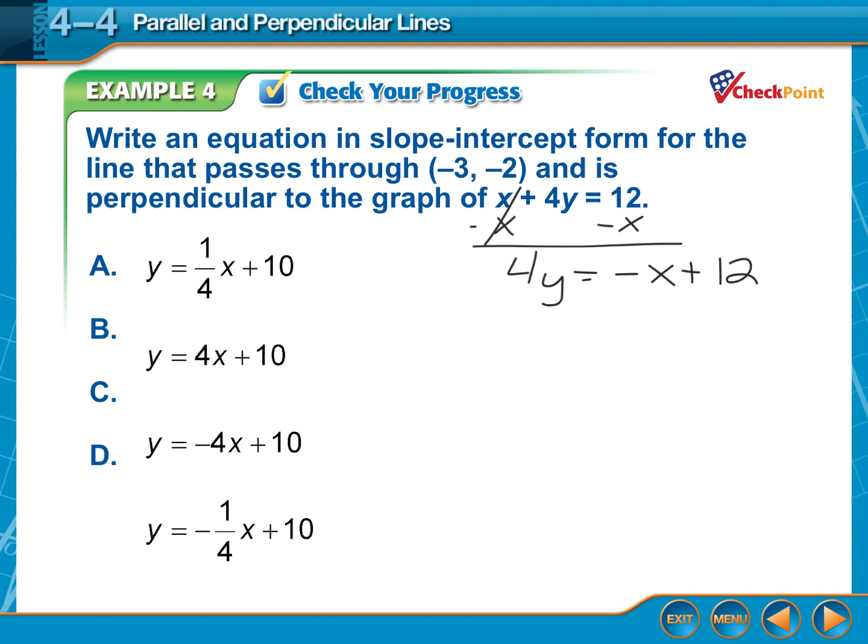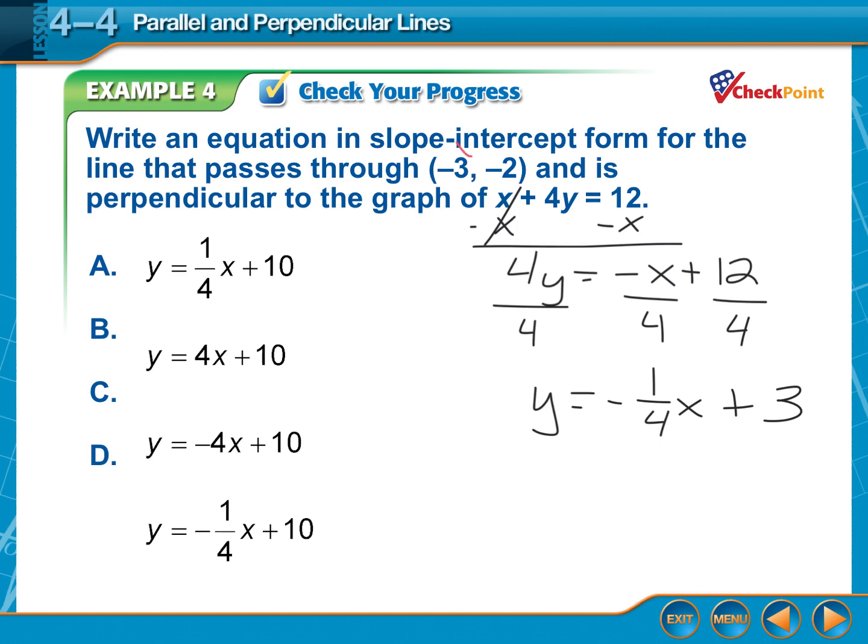Then what would my next step be? Divide by 4 to everything, right? So now we have y equals -1 over 4x. Do you agree? And then plus 3. So now we have our equation. Now we need to find a line perpendicular to that. So let's label what we have.